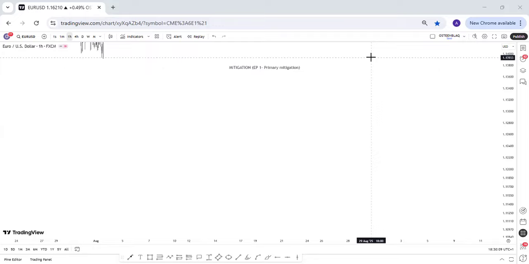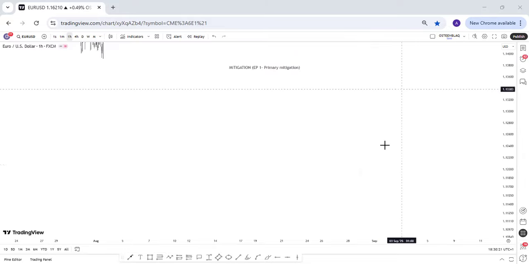For us to understand primary mitigation, we have to talk about ideal situations in price and unideal situations in price. So what is an ideal situation in the market? An ideal situation in the market is when we have something like this.